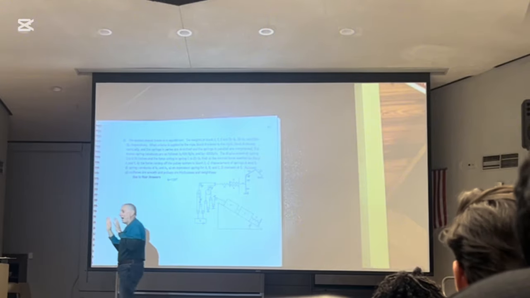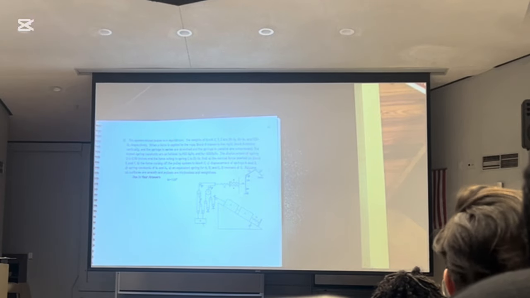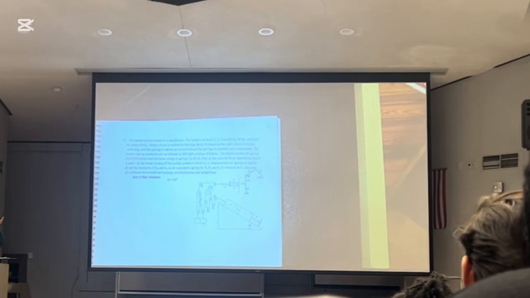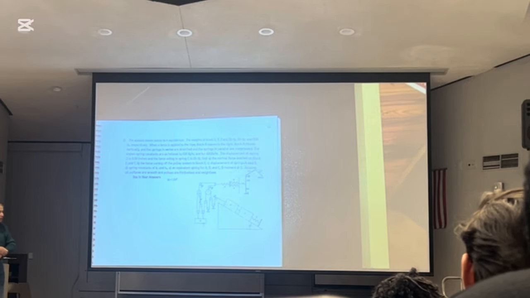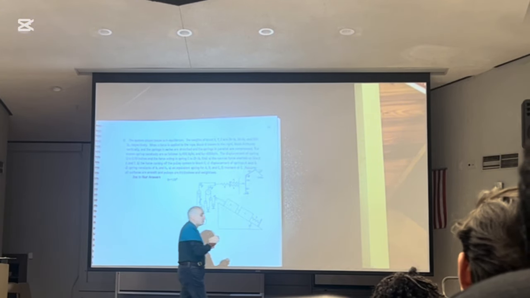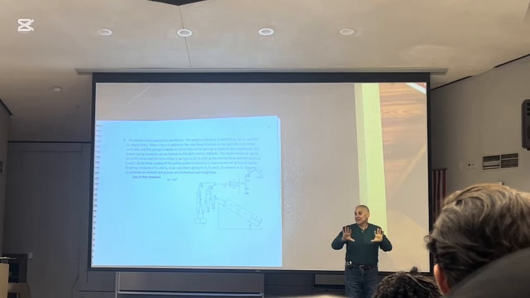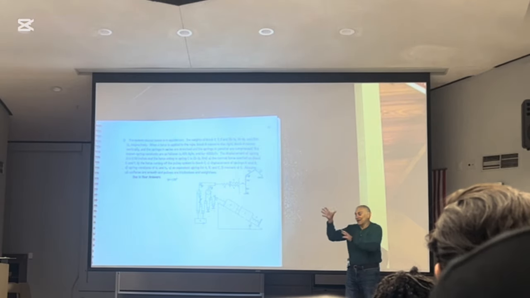In the real world there's friction, in which case one side is T1, the other side is T2, and we relate the two by the belt friction equation, T2 equals T1 e to the mu beta. But that's a later thing.